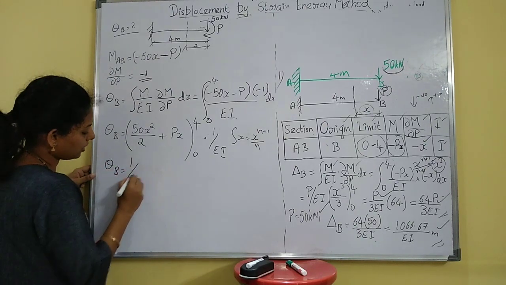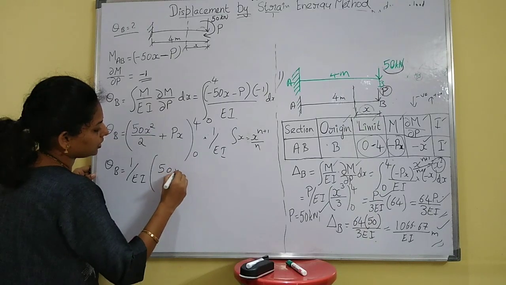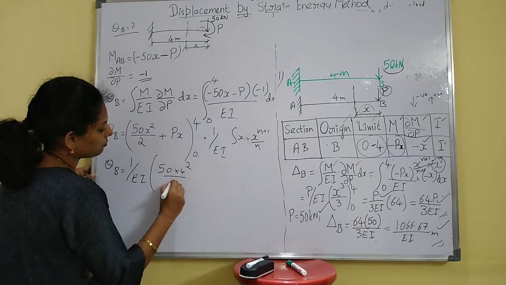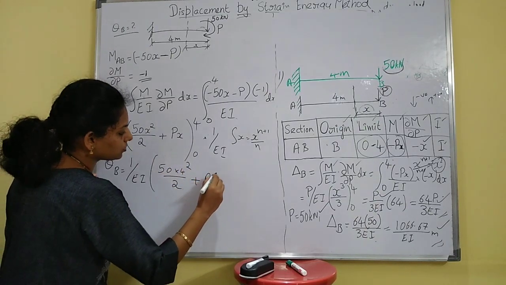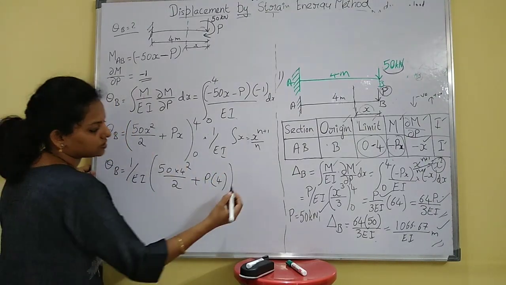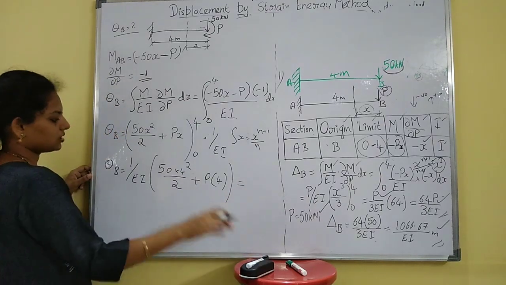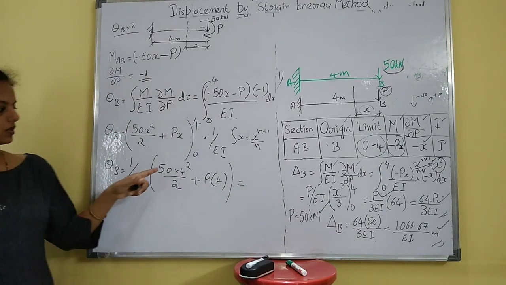Theta B is 1 by EI into 50 into 4 square by 2 plus P into 4. The other part multiplied by 0 will be 0. Just substitute this and get the value.